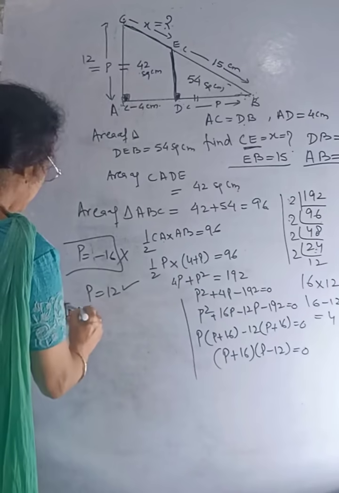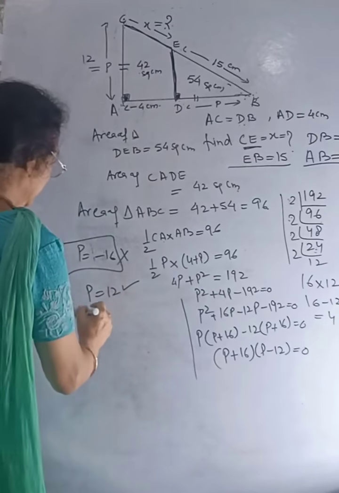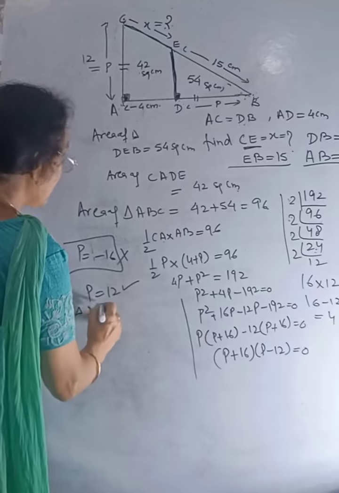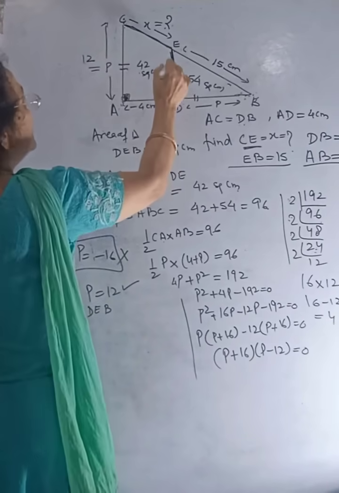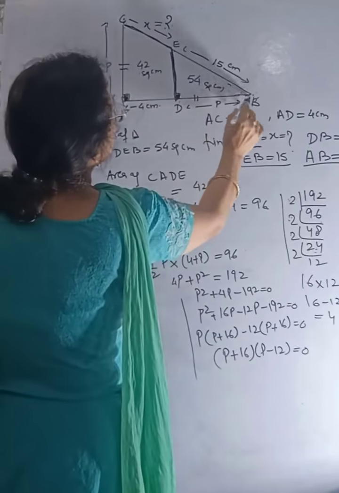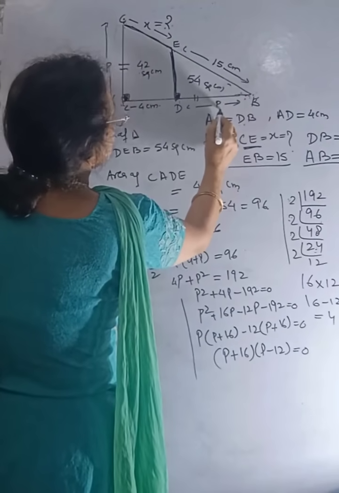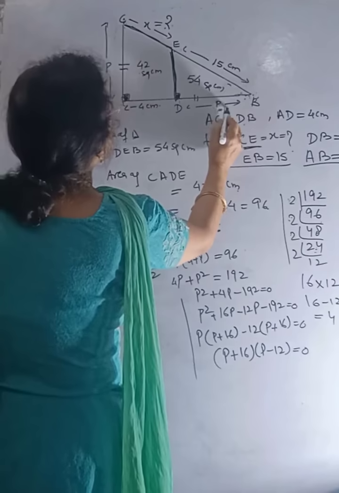DEB. This is 12. We have calculated P is equal to 12.